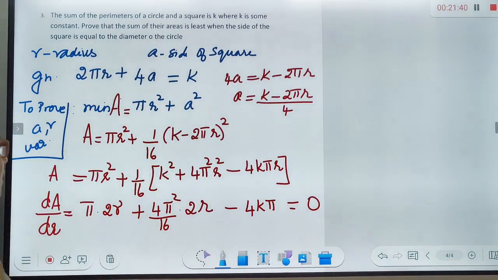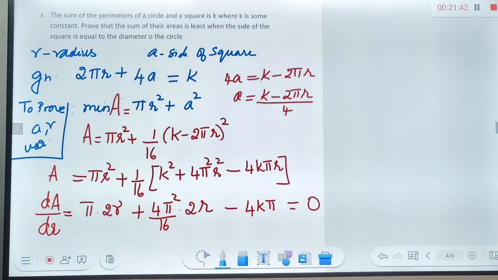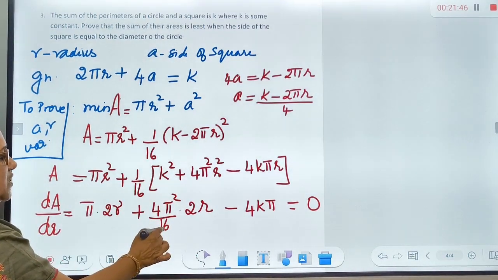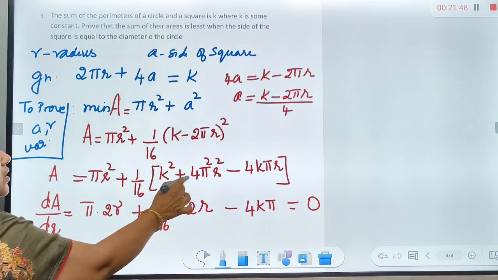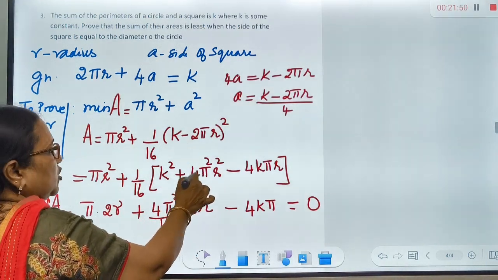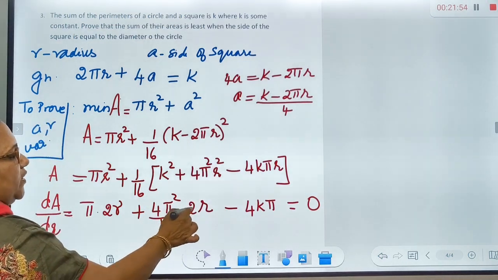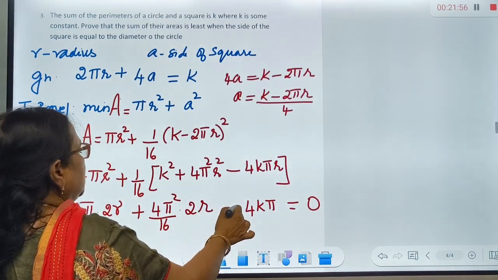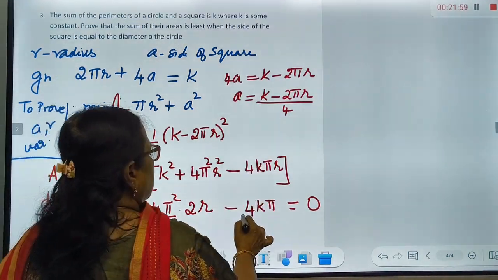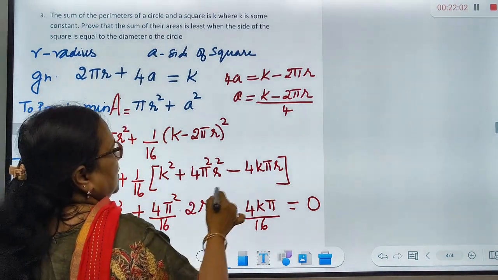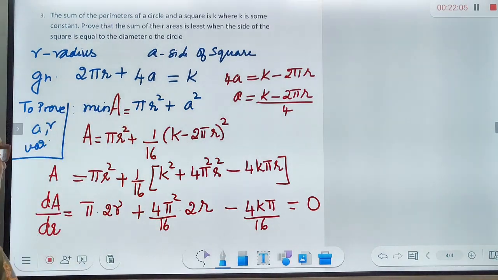To find the critical point, I am differentiating with respect to r. So the derivative of r square is 2r. Derivative of k square by 16 is 0. Derivative of 4 pi square r square is 4 pi square into 2r, divided by 16, minus 4k pi by 16, which is a coefficient of r. Okay.